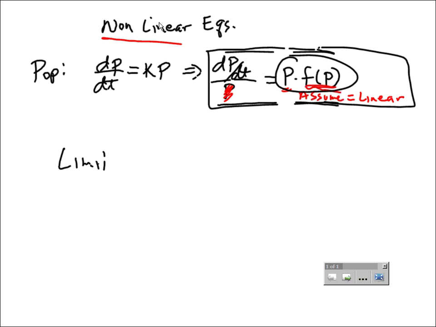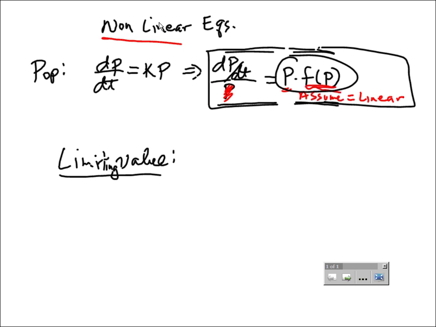Now, let's talk about what happens at the limiting value. That means the population reached the max. It reached 20 million, and it's not going to change anymore. It increased up to 20 million and it doesn't change.